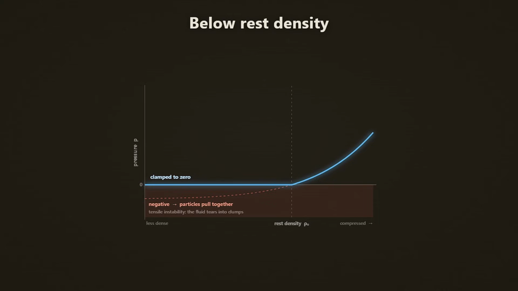A particle that's too spread out doesn't push or pull, right? And this doesn't remove cohesion from the simulation. Cohesion comes from surface tension, which is a separate force, and we will add this later in the series. But it just doesn't come from the pressure term. That's what it means.